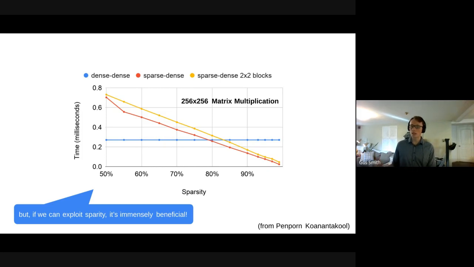But if we actually take advantage of sparsity, that's the red line and the yellow line, we see that at a certain point, around 80%, we cross over the performance of dense, and sparse dense. Taking advantage of sparsity actually becomes beneficial. And something like 80% sparsity is not uncommon in many different workloads, in deep learning especially. So this is certainly achievable and necessary if we want to keep increasing performance.